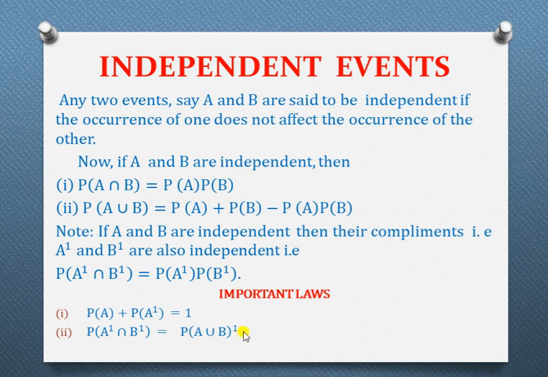This is by De Morgan, a mathematician, so we call it one of the laws of De Morgan. He has another one: if we now have the union of the complements, it is the same as the probability of A intersection B, complement. So you realize if you have the intersection of complements, you now have the union complement, and vice versa.